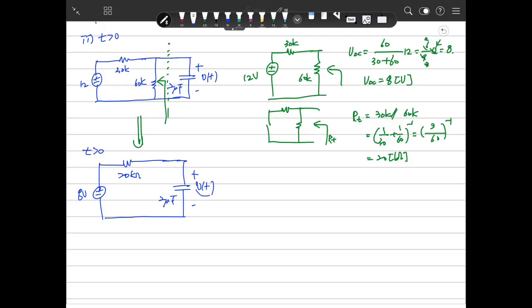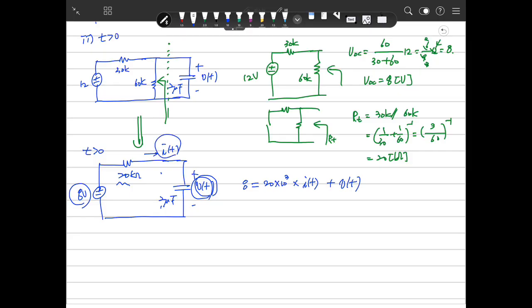What is VT? VT is a voltage division over here. So we define this current over here, IT. Therefore, 8 volts is the same as 20 kilo ohm multiplied by IT plus this voltage VT.